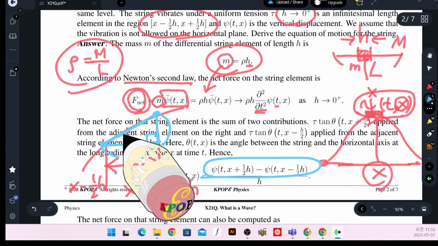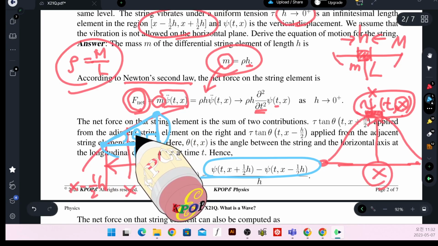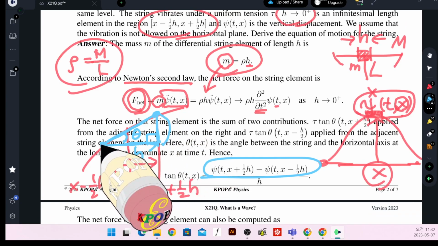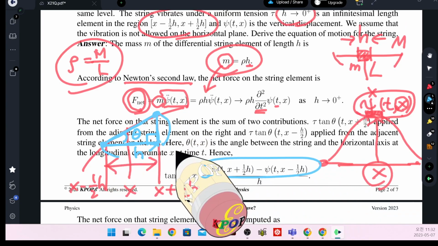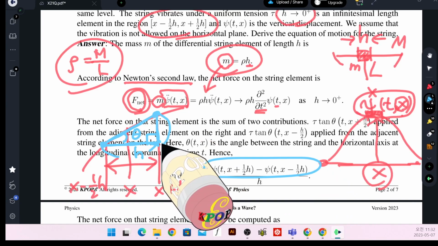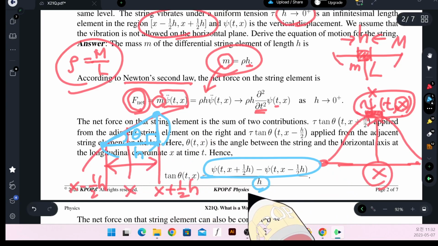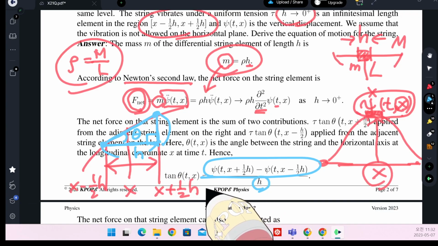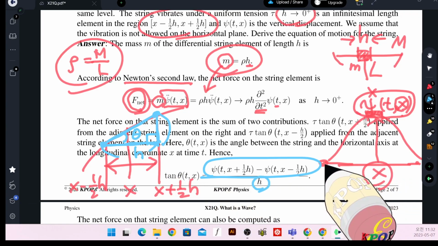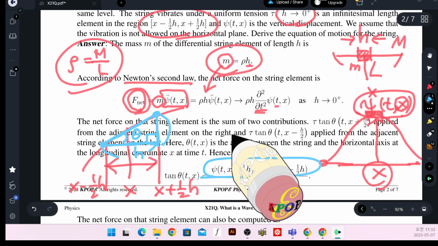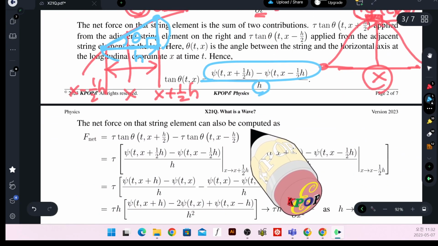So the slope, this is the theta. Tangent should be the ratio of this difference of this function divided by the finite width. We take the limit as h goes to 0, then it approaches a certain value.